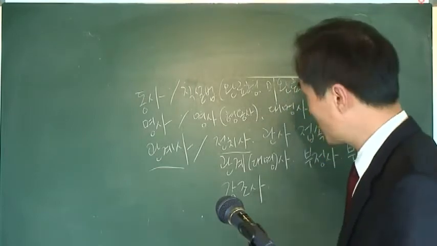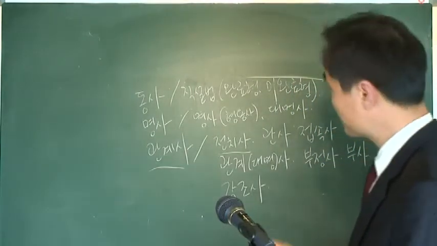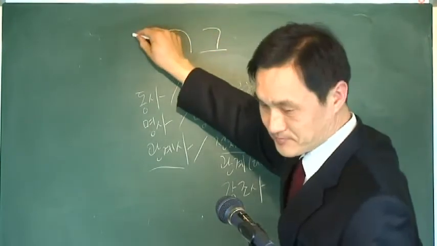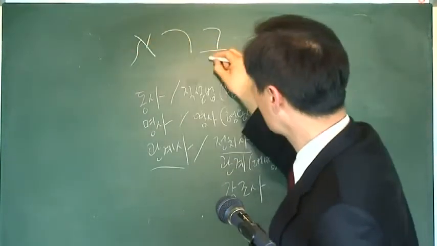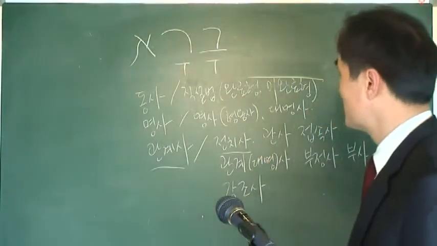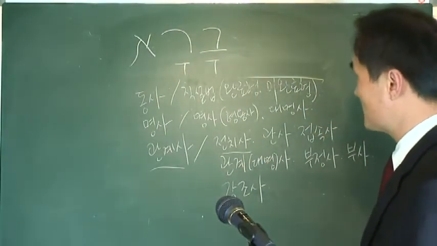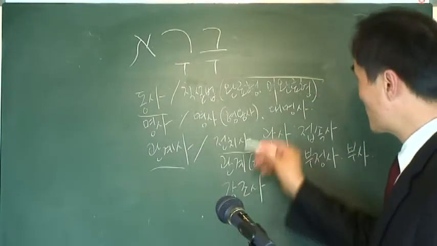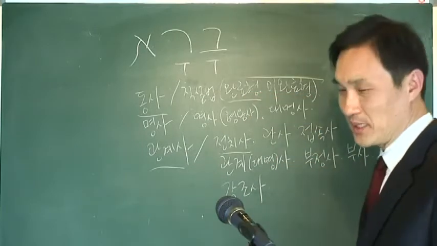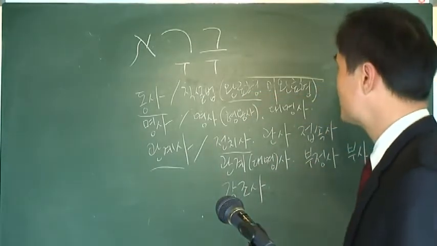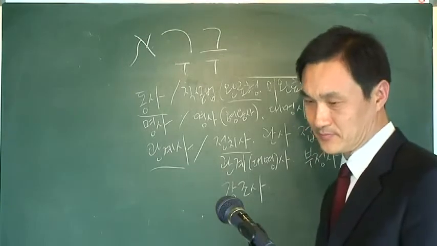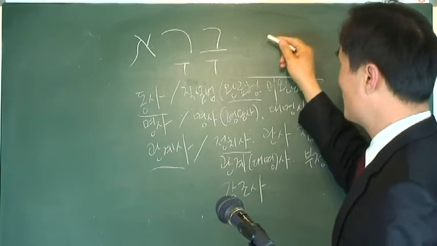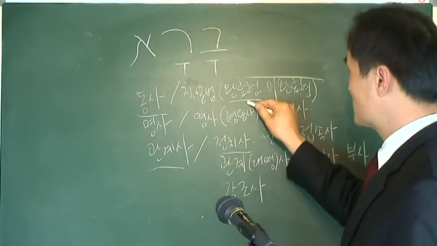The word that comes after Bereshit in Genesis chapter 1, verse 1 is bara. Bara is a verb. It is a verb in the perfect form. We studied the perfect form.